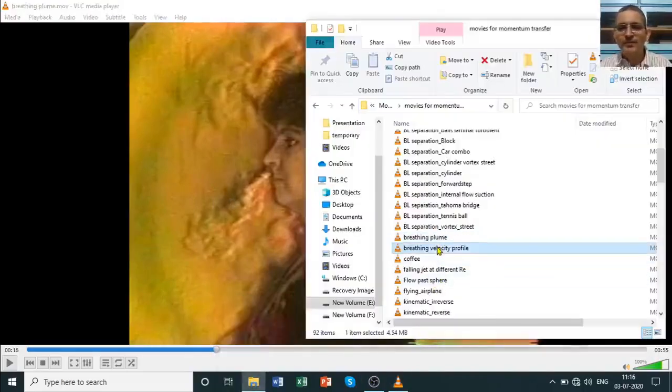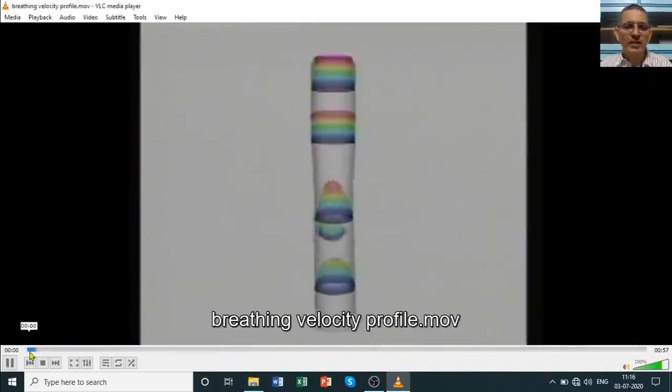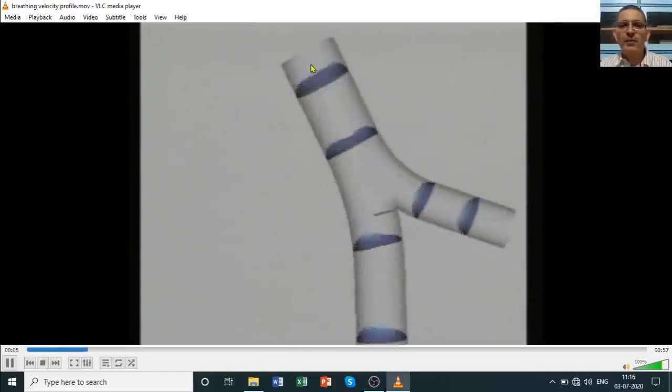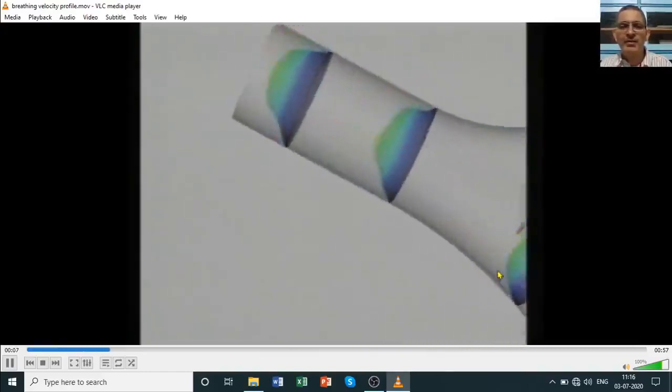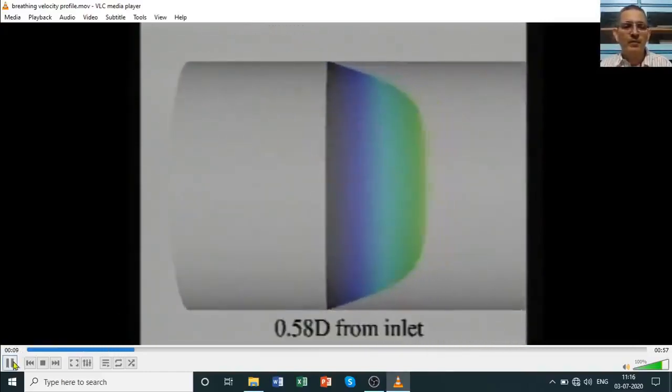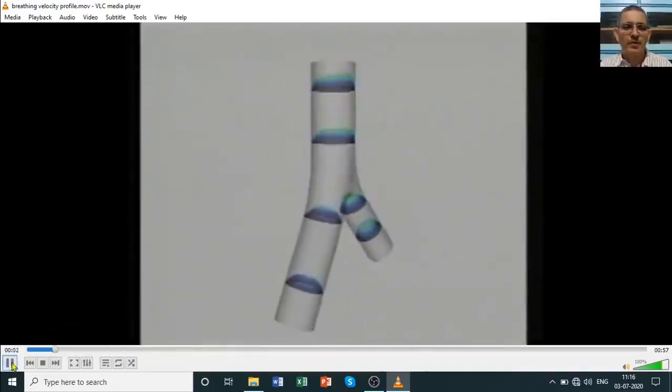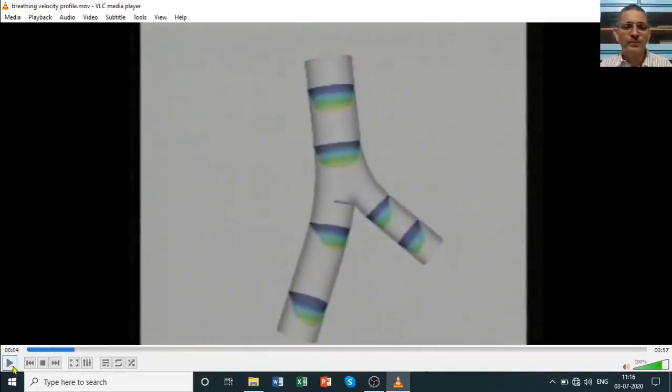When we breathe, okay, these are some simulations, but when we breathe in, so this is our windpipe, and then that branches into two parts. Let me just take this back a little bit. Yeah, so that branches into two parts and goes to the two lungs. And you see these colors or contours are of velocity.